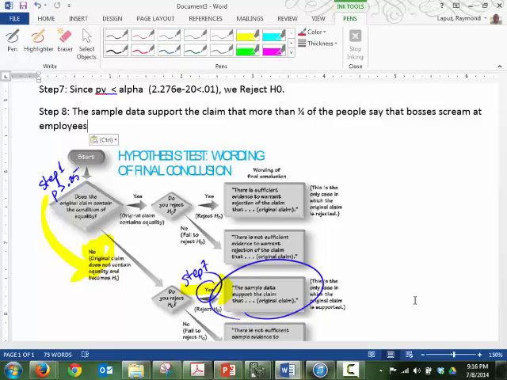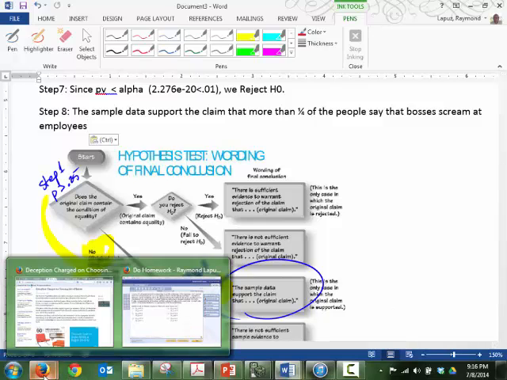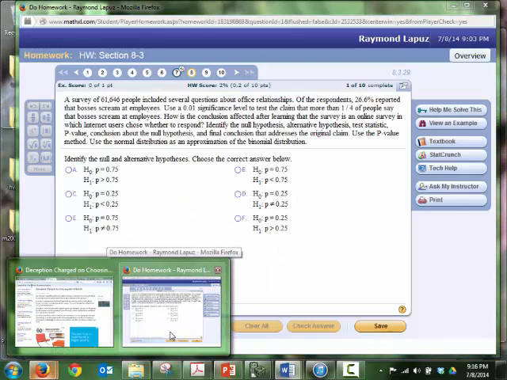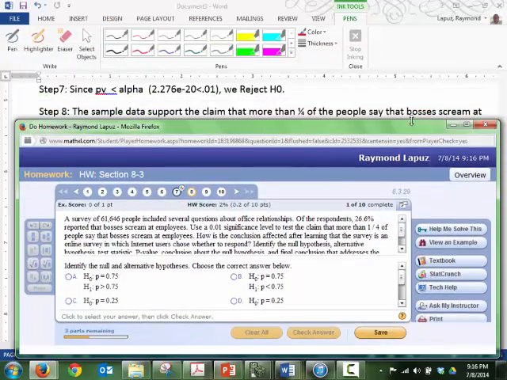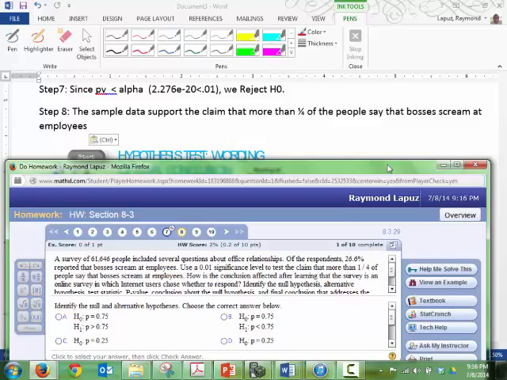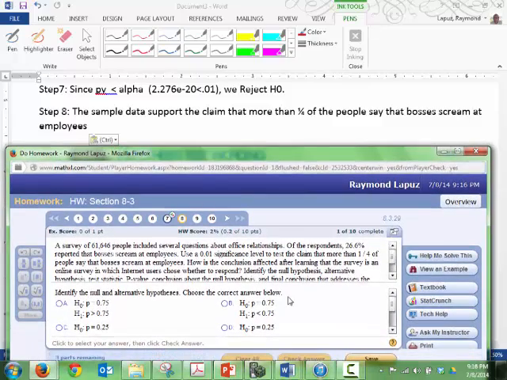Okay? Let's see if we can get a bunch of fantastic, good job, excellent things here. Identify the null and alternative hypothesis.